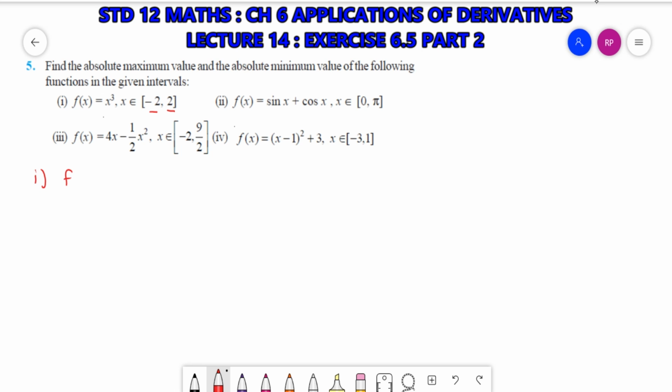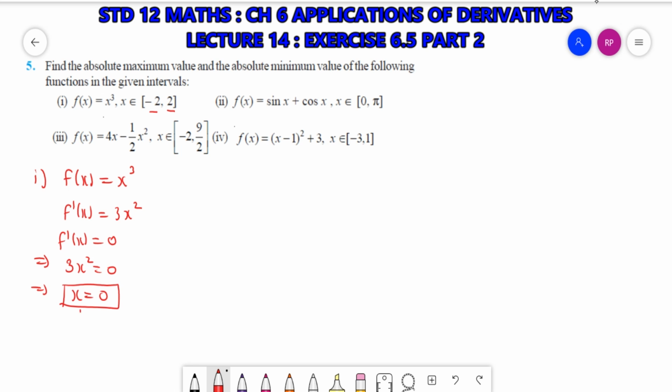Then you will understand. f(x) is equal to x cube. So f dash x will be equal to 3x square. Now f dash x equal to 0 implies 3x square equal to 0, that implies x is equal to 0.